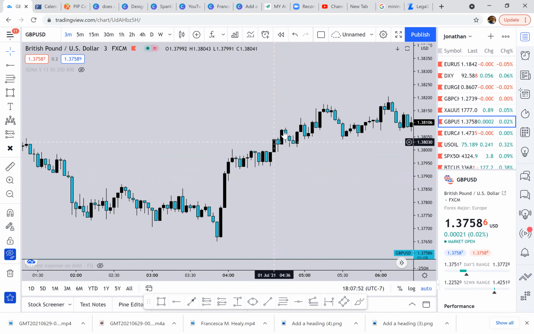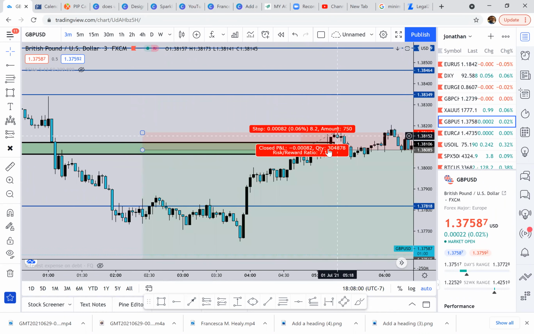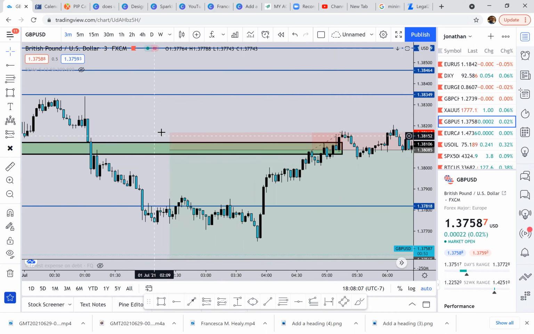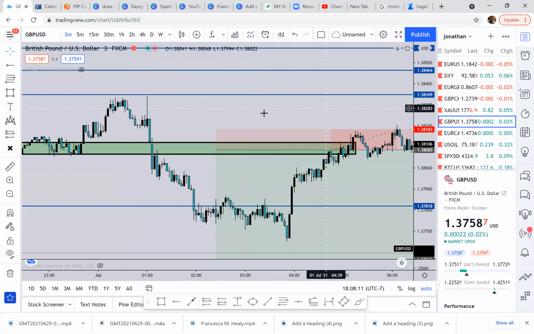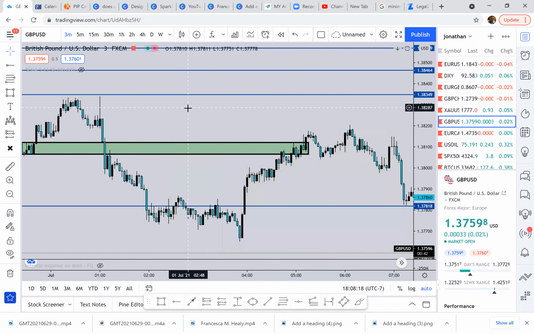You see how this pattern here, they probably faked people out with these, so right here is the entry, and then you have the same type of entry here. Most people probably sold, and that's their stop loss. But they just came a little bit higher in order to run people's stop losses and then move the market. It's not too crazy.